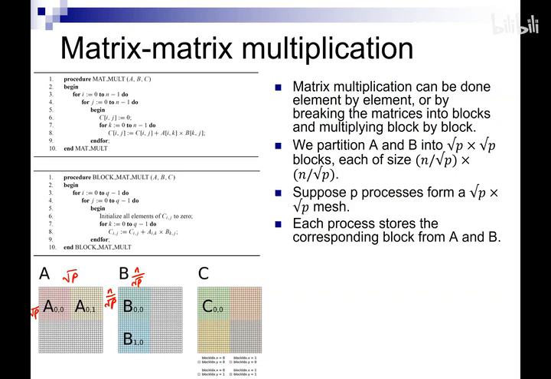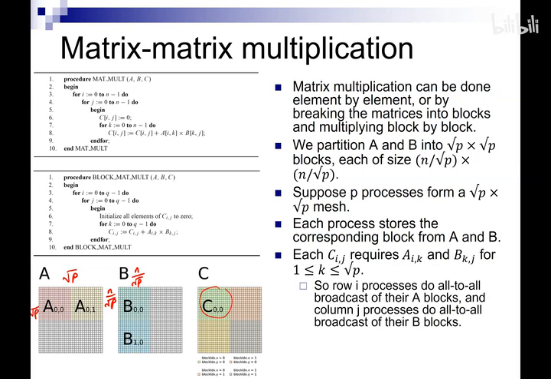Each processor is going to store one block of A and one block of B. However, to produce a block of the output C, each processor needs not just one block of A and B, it needs this entire row of blocks of A and this entire column of blocks of B.